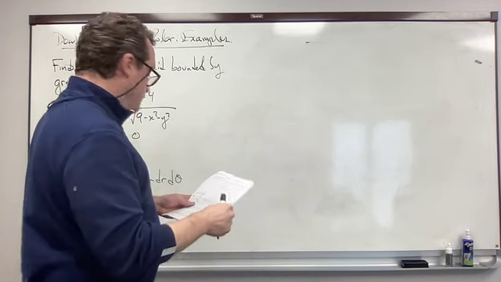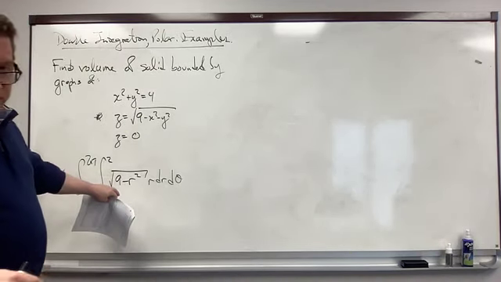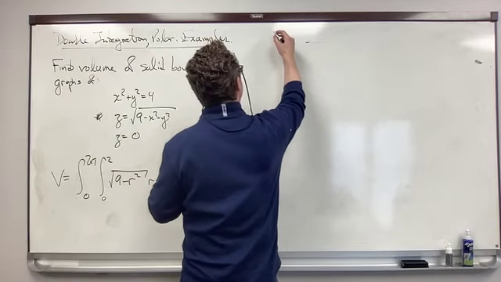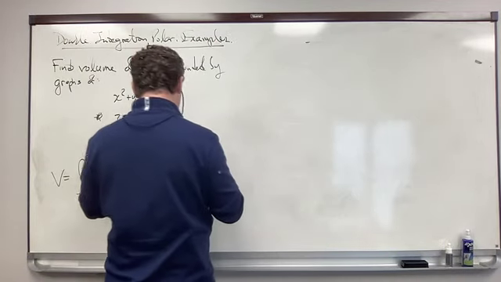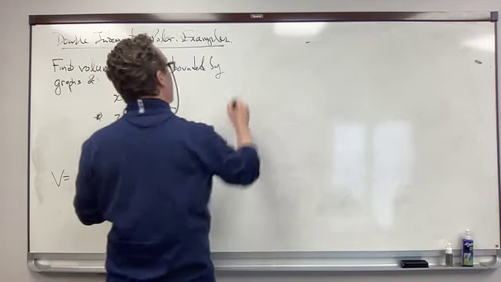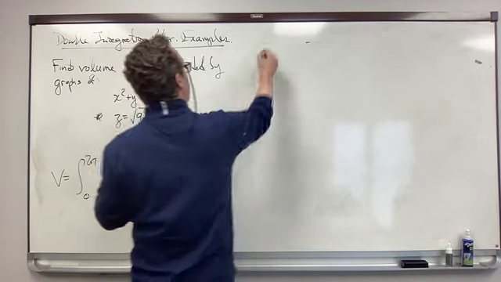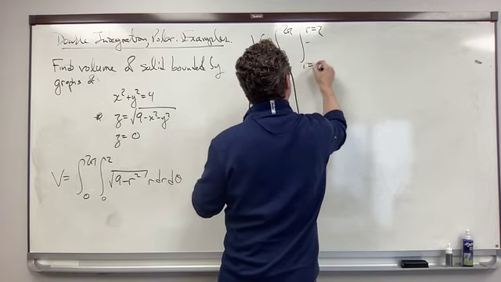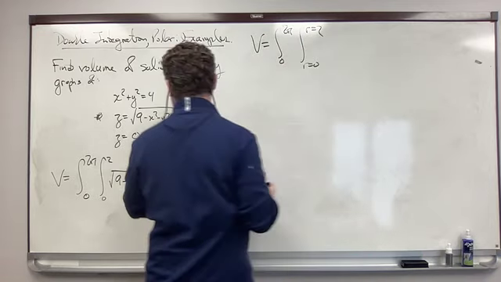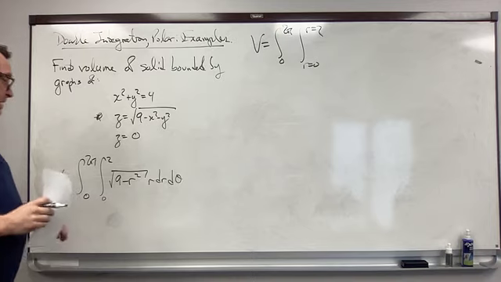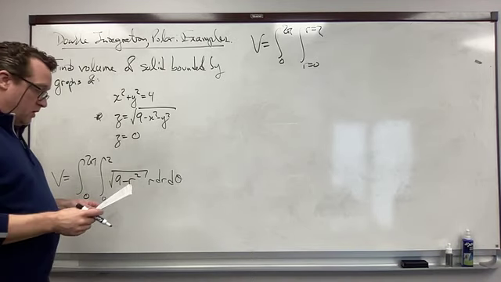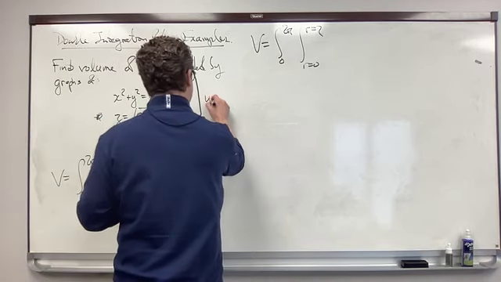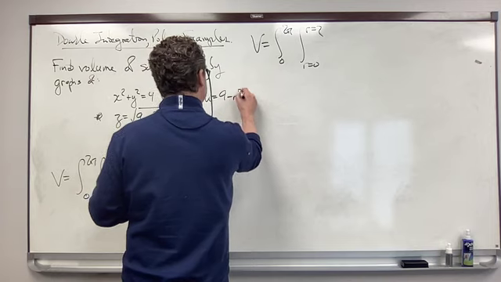Okay, so I'll do the r integral first, and I'm just going to do the antiderivative here first. Well, I'll do it like I did it in the notes. So we'll just write this whole thing out and do it in one shot. I'm going to have r equals 2, r equals 0, because I'm going to make a substitution here. I'm going to let u equal 9 minus r squared.